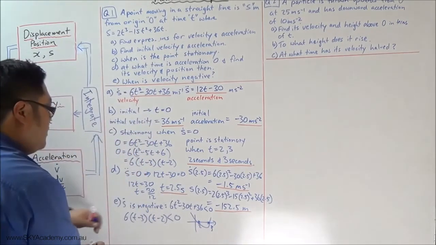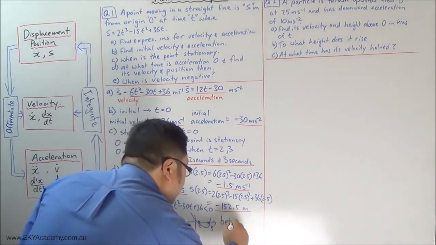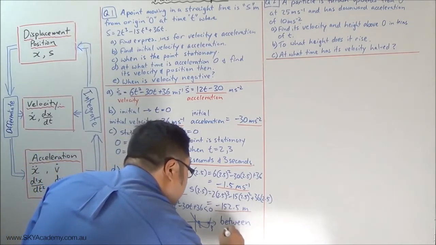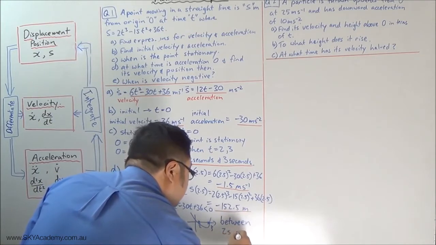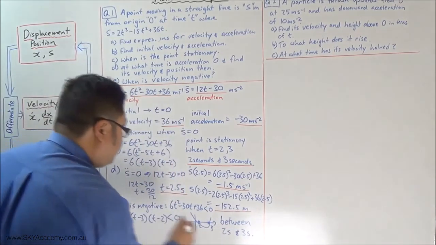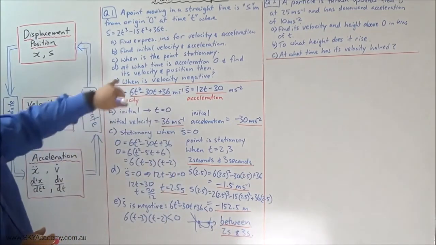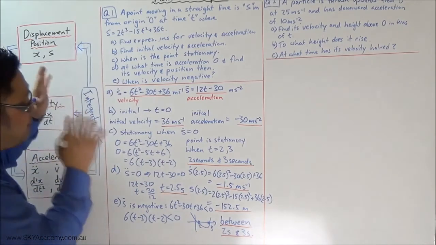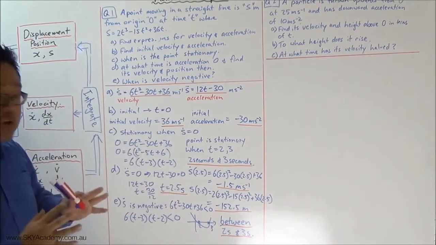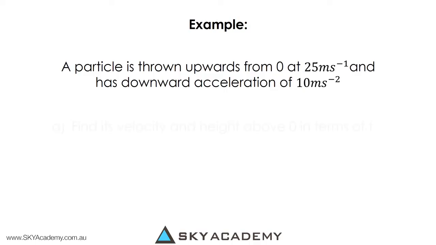So when is the velocity negative? Between 2 seconds and 3 seconds. Okay? And that's your answer for part E. Now I apologize that all of this is kind of squashed up. But that is how you do that particular question.